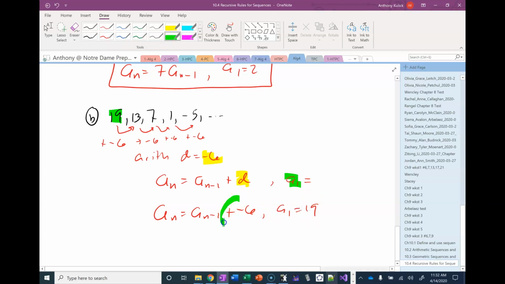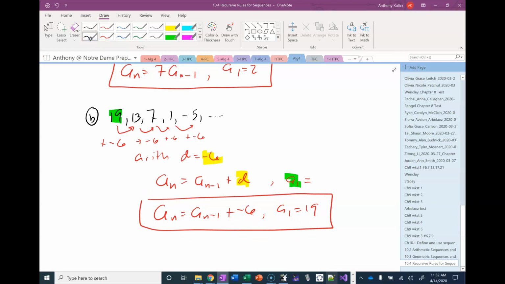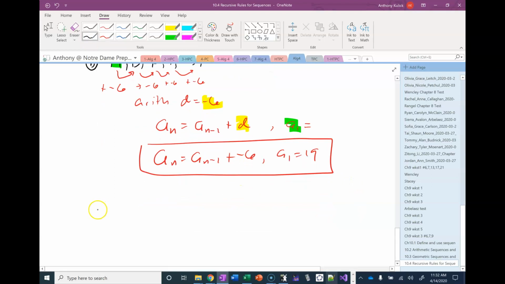And if you prefer, right here you could write this as just -6. You don't have to write it as plus a negative, but it doesn't make much of a difference to me. So there's that. What if I wanted you to write the explicit formula as the recursive or vice versa?